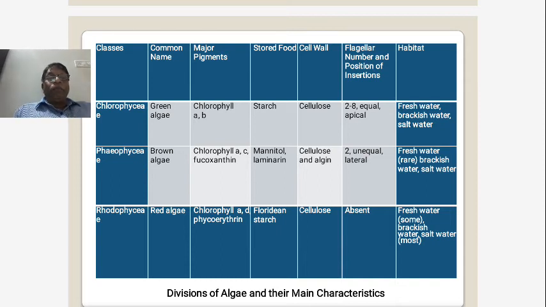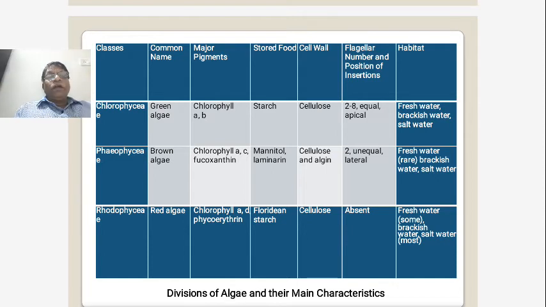See the column. The reserve food material in the class Phaeophyceae is mannitol, laminarin. Mannitol and laminarin are stored in the cells as reserve food materials. What about in Chlorophyceae? It is starch.